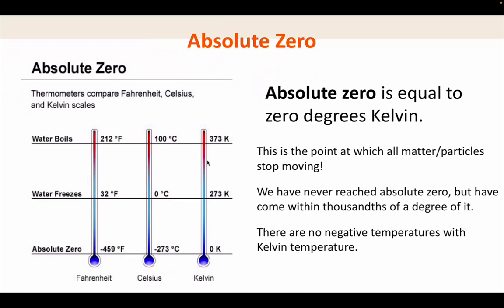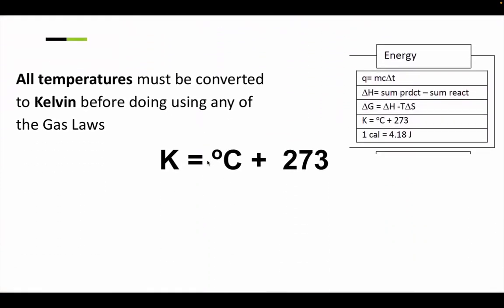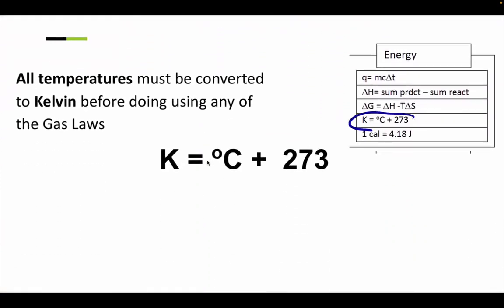So the equation that we're going to use, and it is on our pink sheet, is we take the Celsius temperature and then we add 273 to convert to Kelvin.